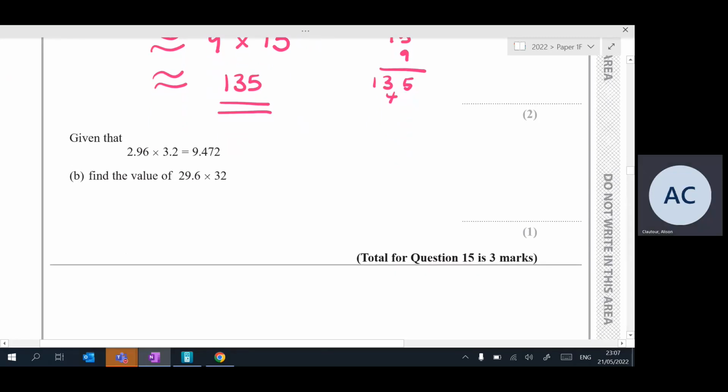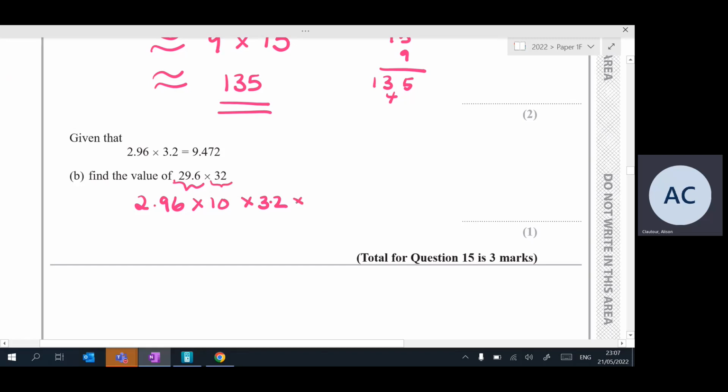For this one, they're giving you a piece of information. So 2.96 times 3.2 is that answer there. So if we compare our sum, what has happened to 2.96? They've actually multiplied it by 10, haven't they? To get that. And then what has happened to the 3.2?